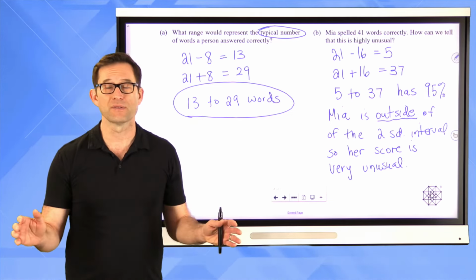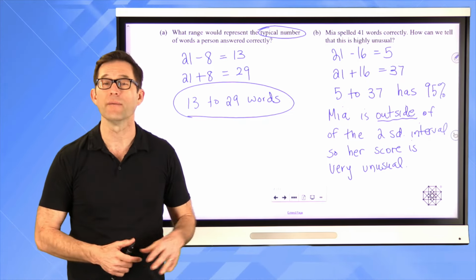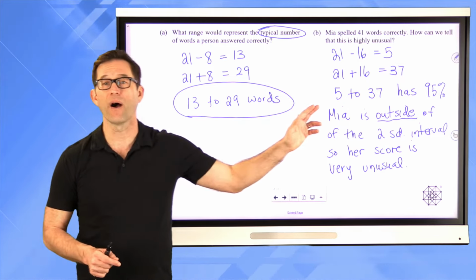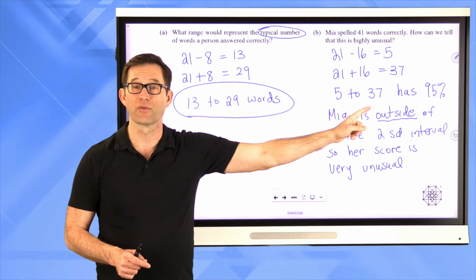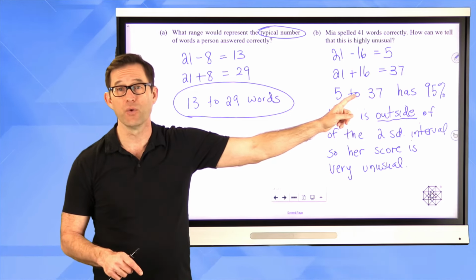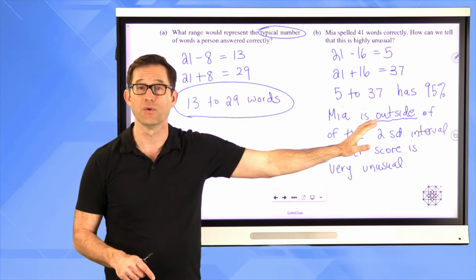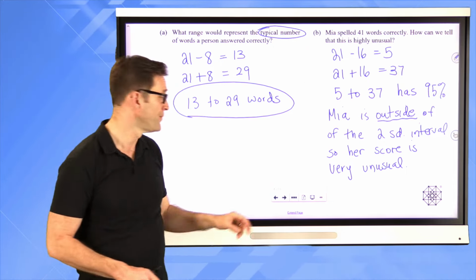They are way outside of that 2 standard deviation interval, and so they have a very unusual height. It's the same way here, right? 95% of everyone would get between 5 words and 37 words spelled correctly. By the way, it also works on the other end. If you had somebody come along and they only spelled 2 words correctly, that would also be very unusual. But Mia has a score that's highly unusual on the upper end.